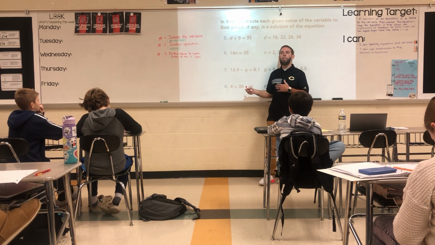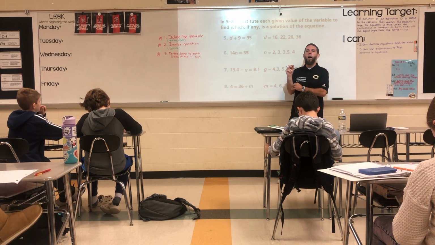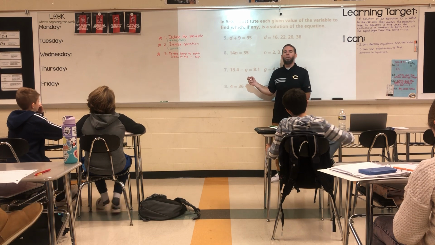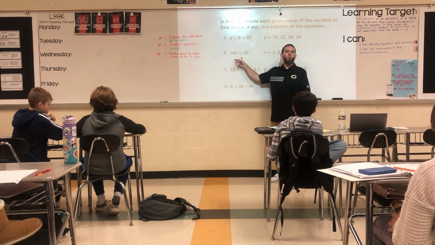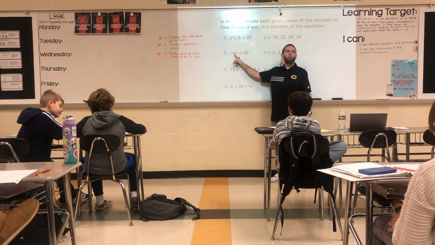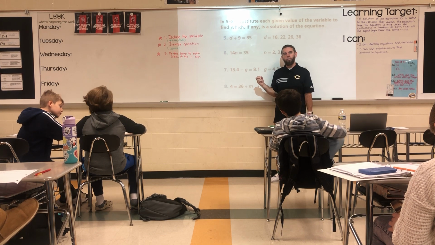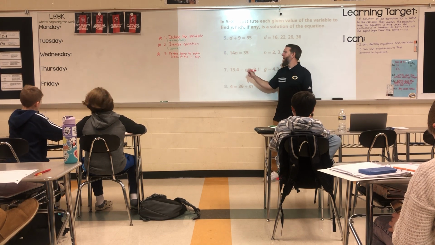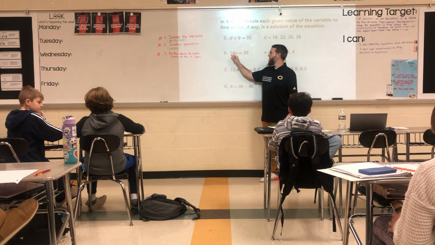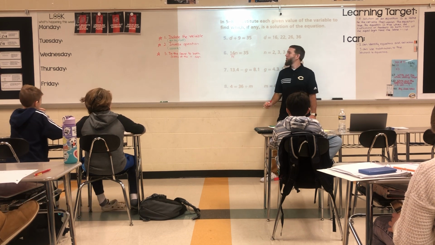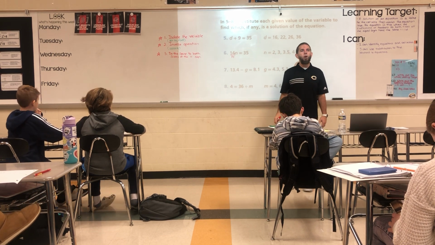So that is why Ciamara said we need to do the inverse operation. So Ciamara, what is the inverse or the opposite of multiplying by 14? Dividing by 14. All right? So what do we do next, Ciamara?